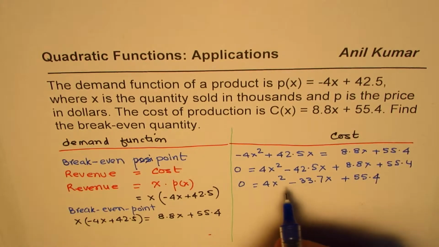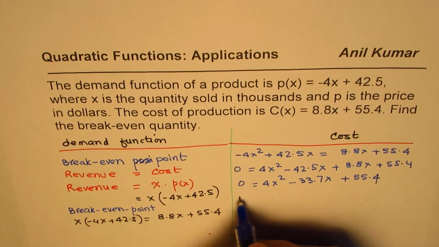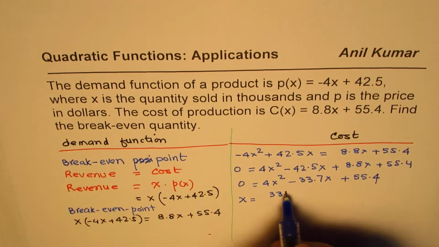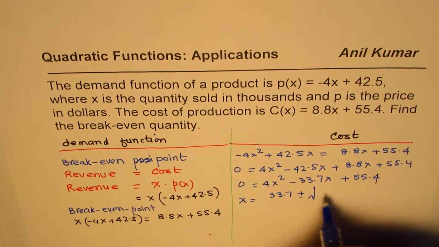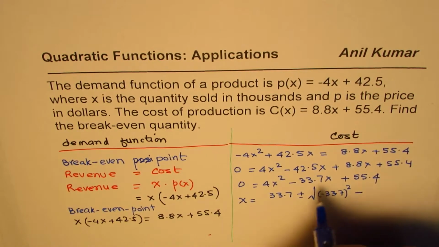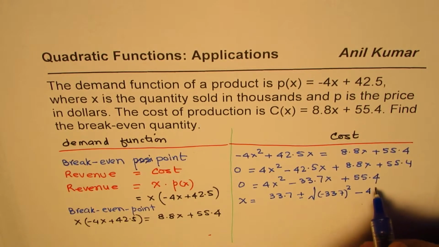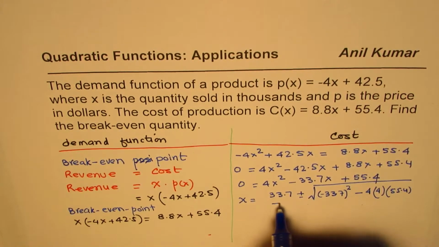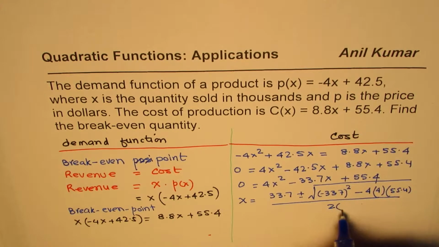Now that is our quadratic equation. So we can use the quadratic formula to find the value of x. So x equals minus b, which is minus of this, that gives us 33.7, plus or minus the square root of minus 33.7 squared minus 4ac. That means 4 times a, which is 4 for us, times c, which is 55.4, all within the square root, divided by 2 times a, which is 4. Correct?